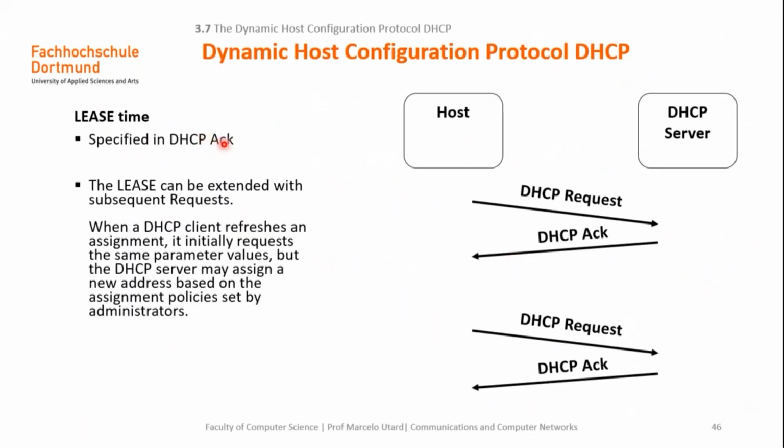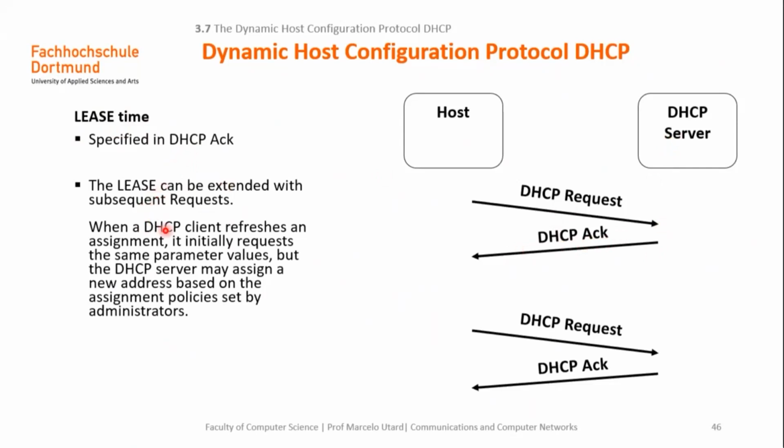Another detail to be taken into account is that DHCP uses what is called a lease time. The lease time is the time that the host can use the assigned address and other parameters. The lease time is specified in the DHCP acknowledge when the DHCP server confirms the assignment.